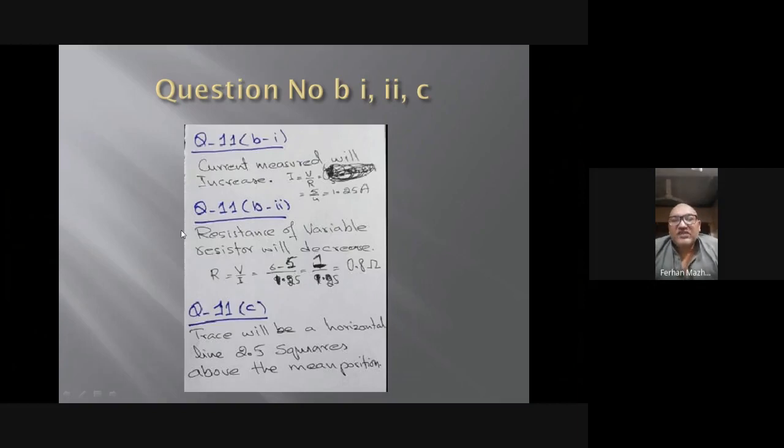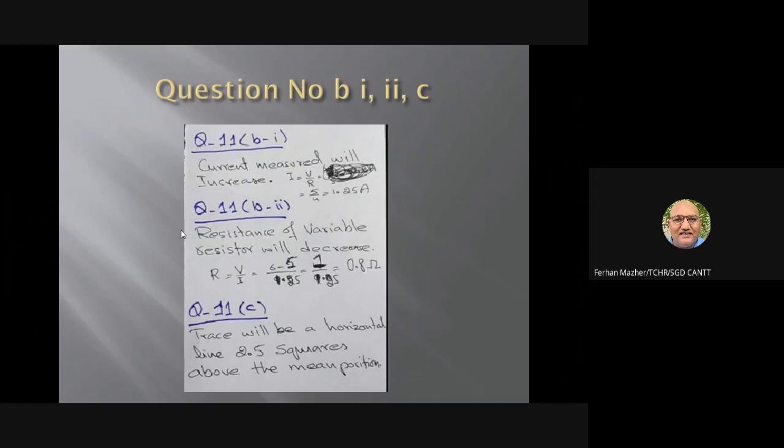And now the question is, what is the resistance of the variable resistor? From the battery, there are 6 volts coming. The EMF of the battery is 6 volts. If 5 volt is taken by the fixed resistor R2, then how much voltage is left for the variable resistor? 6 minus 5, 1 volt.